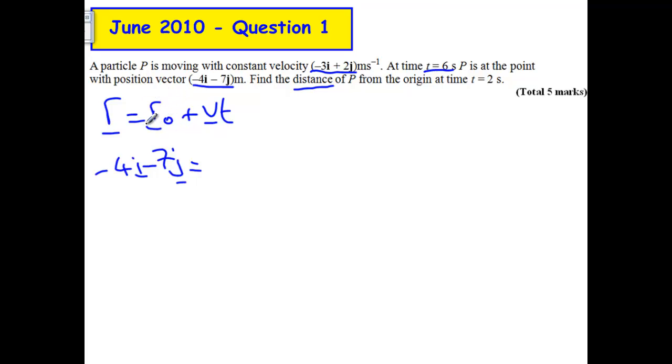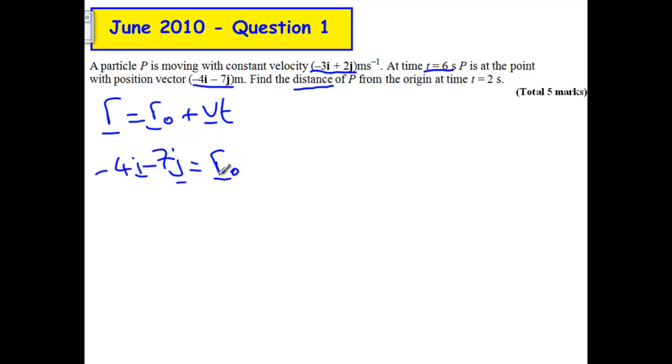It can be the position vector of the particle at any time before time t equals 6. So if I set this r0, which we don't know yet, as the position vector of the particle at time equals 2, I can rearrange this formula to find this position vector.